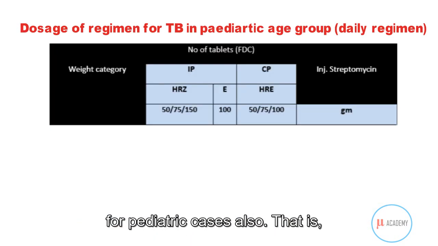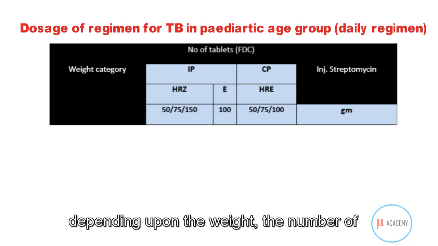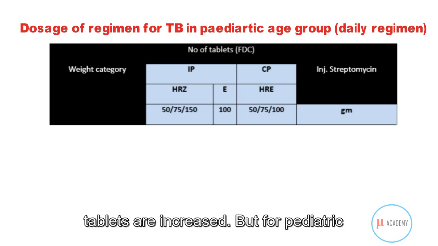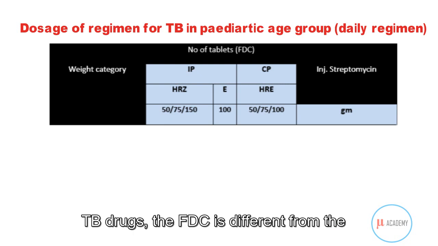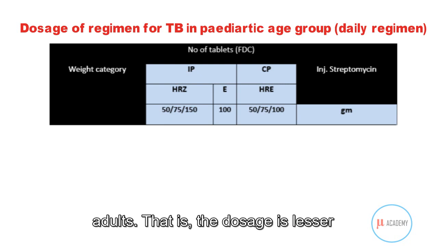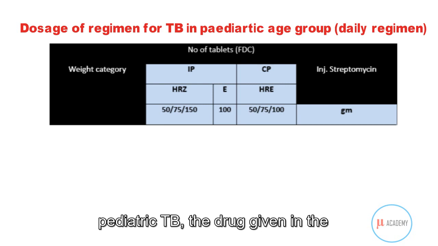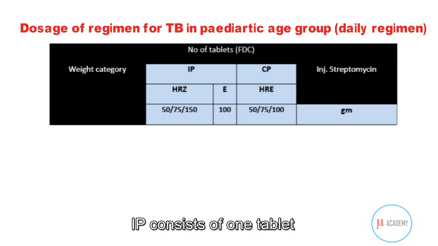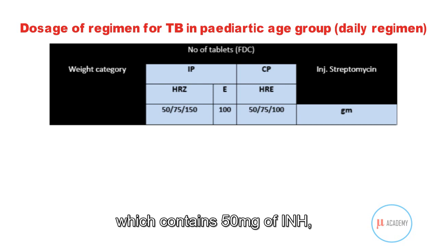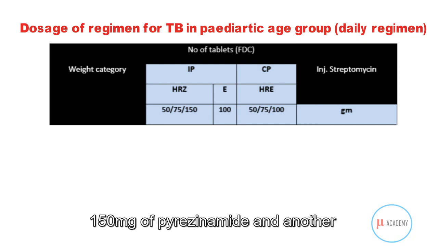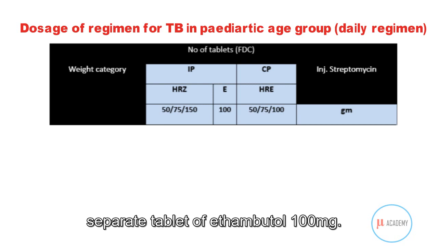This is the same method for pediatric cases also, that is depending upon the weight the number of tablets is increased. But for pediatric TB drugs the FDC is different from the adults, that is the dosage is lesser compared to the adult FDCs. In a case of pediatric TB, the drug given in the intensive phase consists of one tablet which contains 50 mg of isoniazid, 75 mg of rifampicin and 150 mg of pyrazinamide and another separate tablet of ethambutol 100 mg.